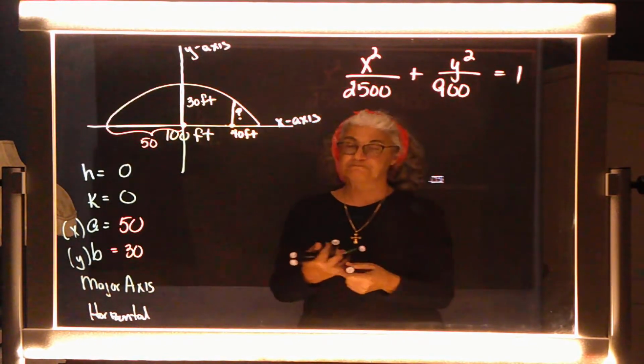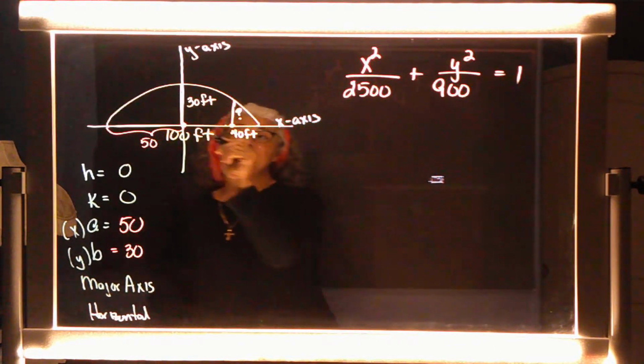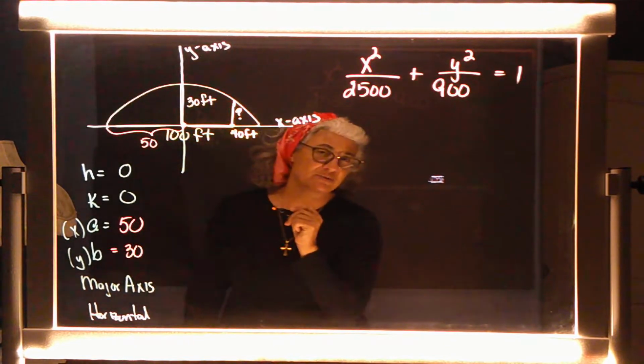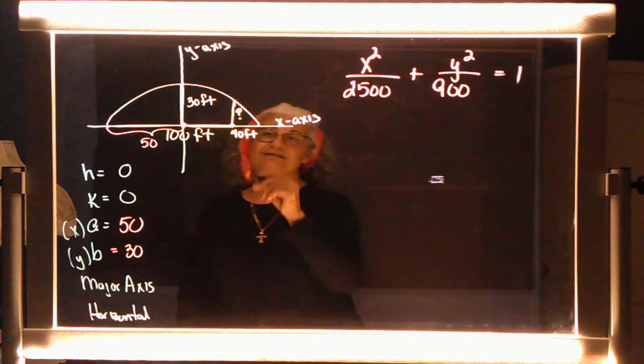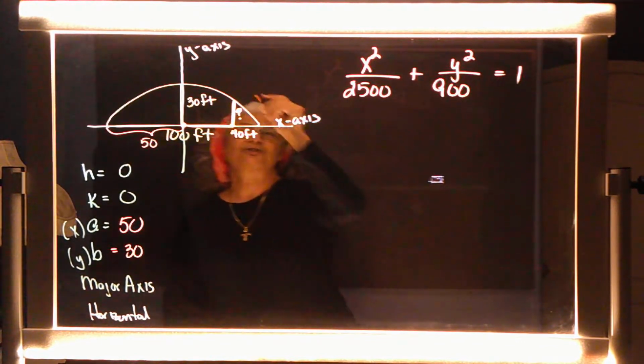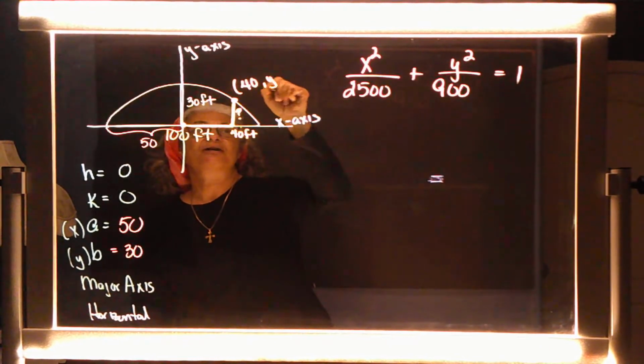Remember, we put this on an XY axis, didn't we? And if we're 40 feet out, that represents which variable? X. And if I want to know the height, that represents, good, y, which means this point is 40, comma, y.